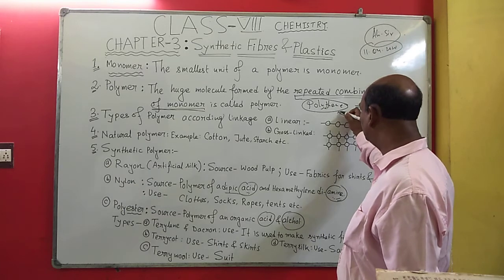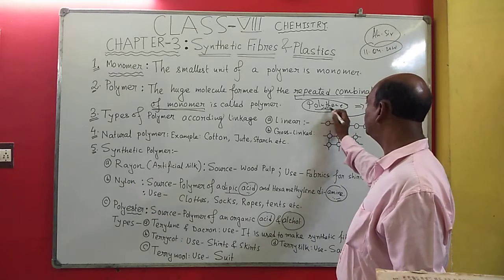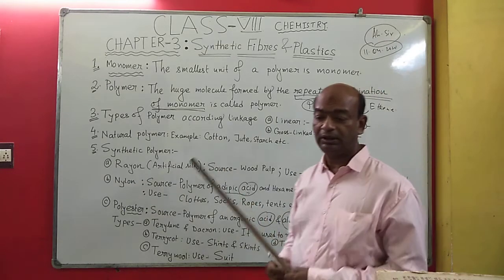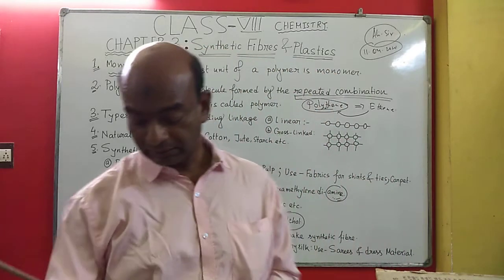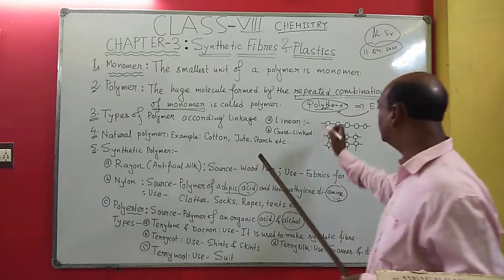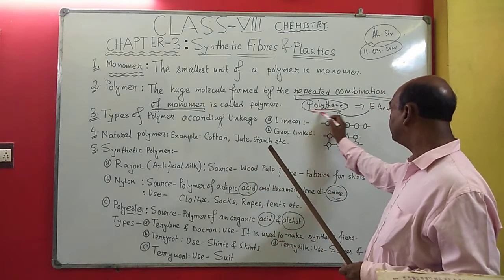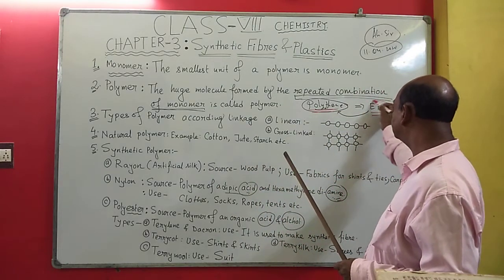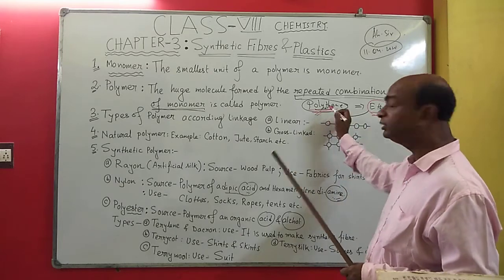When ethene molecules join together, we get polyethene, or in short, polythene. We are accustomed to the name polythene bag. Ethene is the monomer, polythene is the polymer.